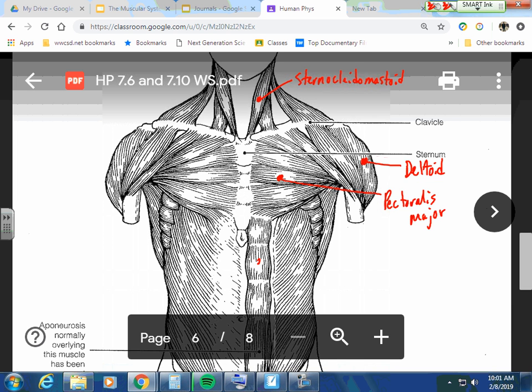We have the rectus abdominis in the middle. We have the external obliques to the side. And that's it. So you should be able to label those. Okay? Pretty easy.